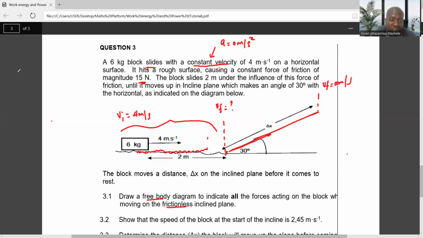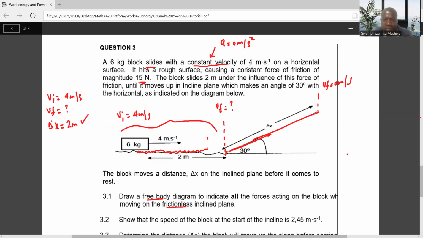So to get the answer, first we have the initial, which is 4. We want the final, and we have delta x, which is 2 meters. Oh, by the way, I forgot.